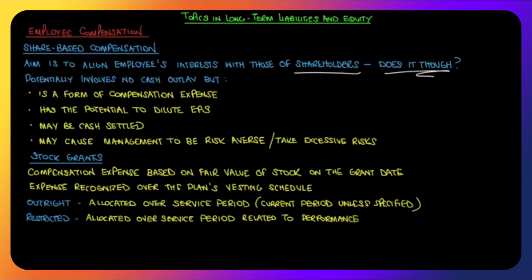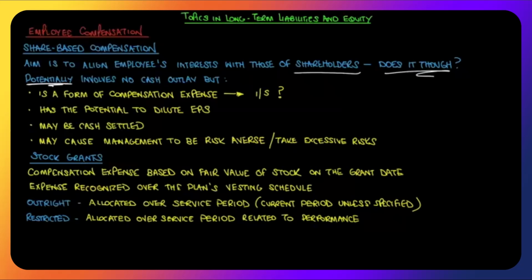Another potential advantage, we don't have to pay out cash. It's compensation, but the company doesn't have to pay out cash. Potentially. There are forms of share-based compensation that do involve cash. Potentially they don't, but it is still compensation expense. So we still, as accountants, have to figure out how to get that into the income statement.